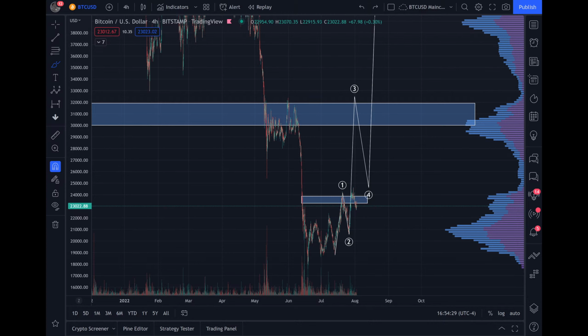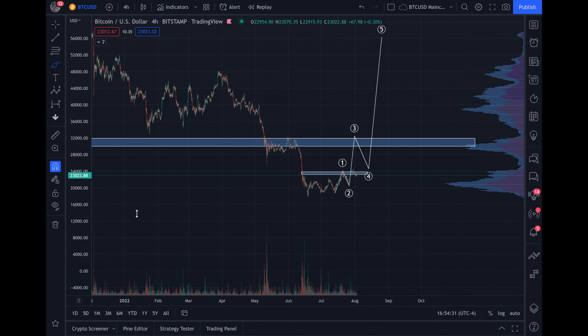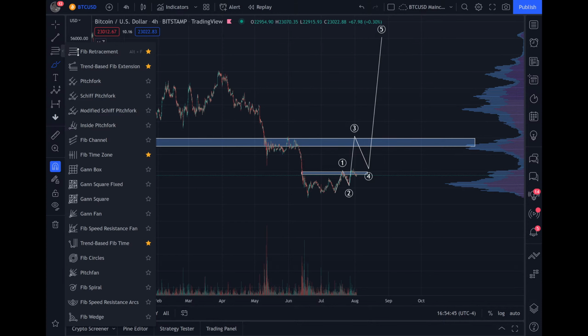Not to look too far ahead, but what's the principle on leading diagonals? We can go into the Elliott wave books. If you want me to go into that, I can open up the Kindle. But I've done this before on the channel, so I'm not pulling this out of thin air.